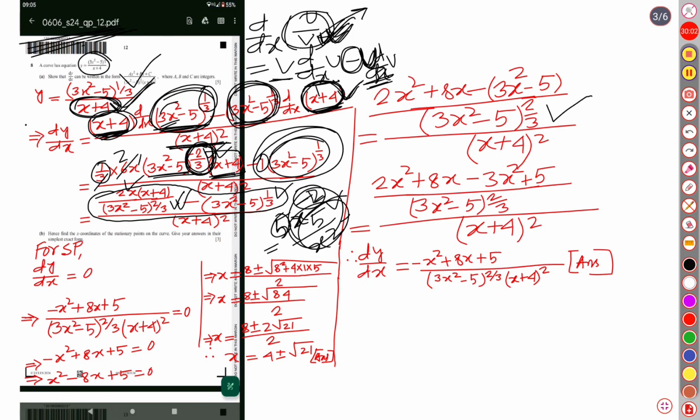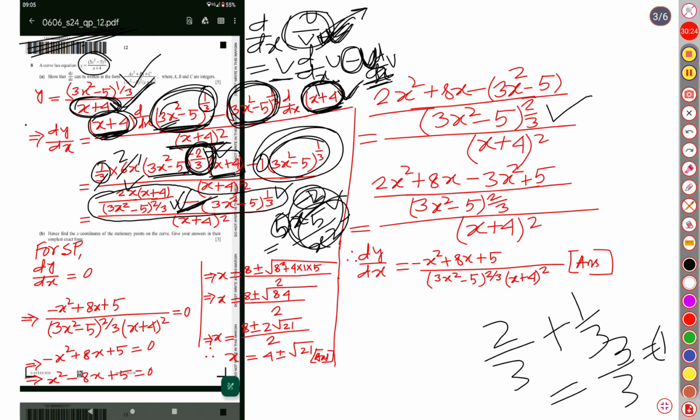So 2x squared plus 8x, the first function, minus the second one. Look at this: the exponents are 2 over 3 plus 1 over 3, which is actually 3 over 3, and 3 over 3 means 1. That means if we multiply this function with this function, the exponent will be 1.